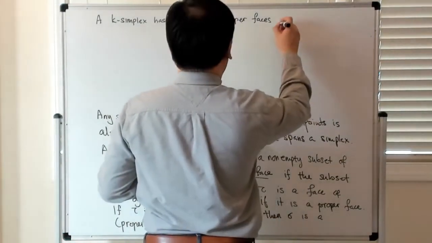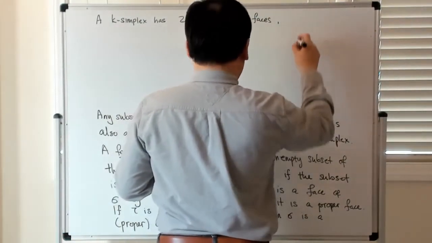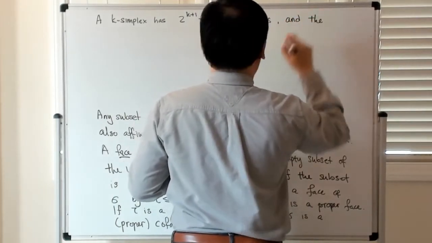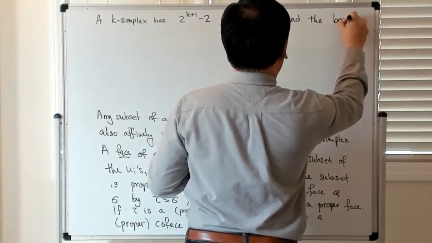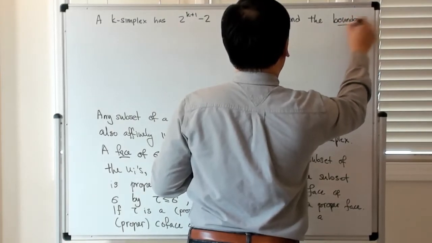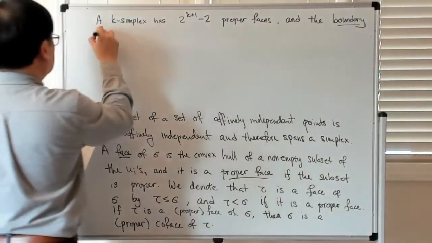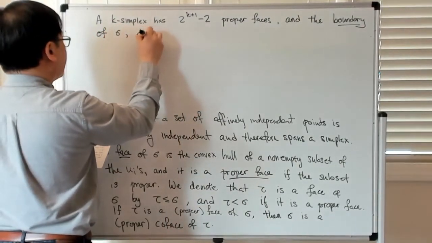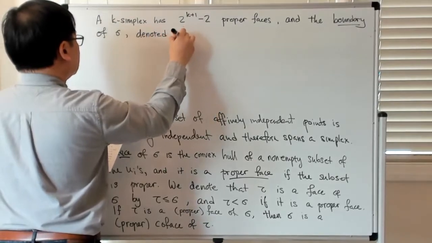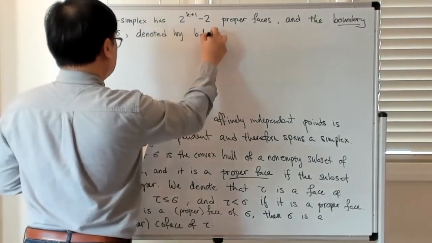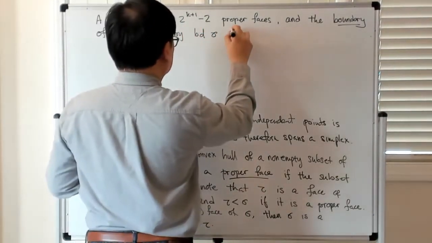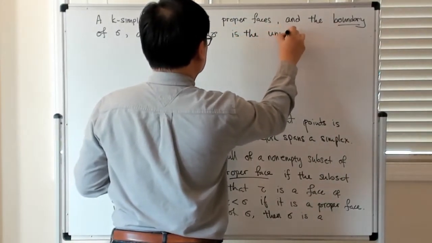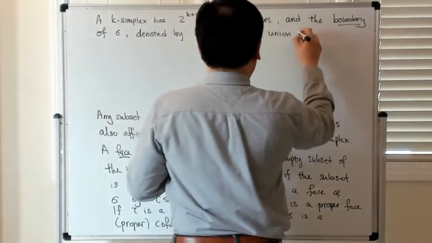Given those proper faces, the boundary of a simplex, denoted by BD sigma, is the union of all the proper faces.